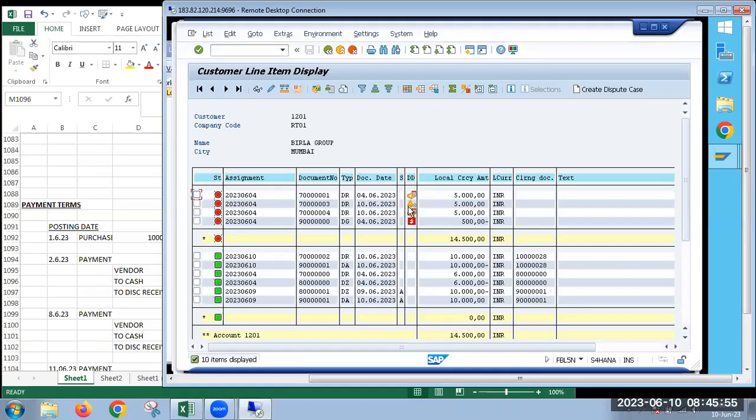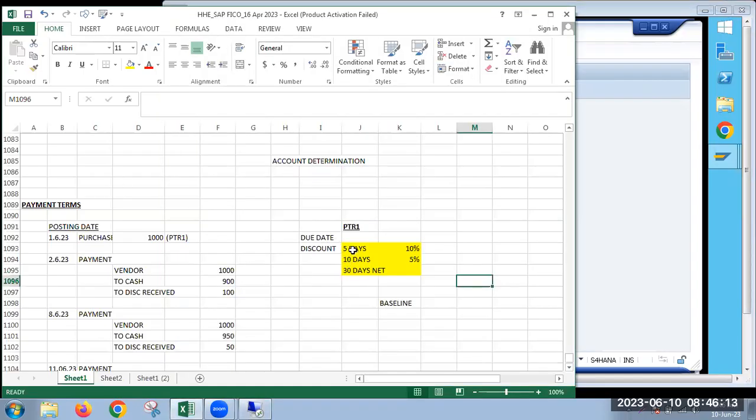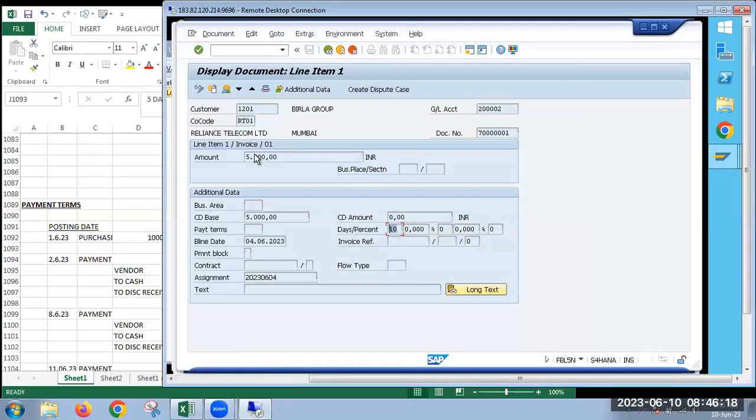Today it's due. The same date can show as not due, but some transactions can also be overdue. See this date, and how many days we specify with the term. Manually we can specify it like this. Now, using a payment term, we specify this date, and the system will consider these days from the 4th.